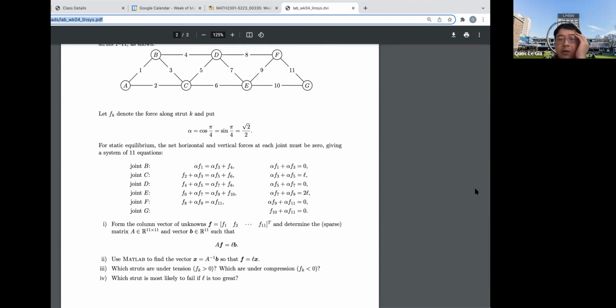Because many people ask me, we studied this, but for what purpose? This question gives you a sense of purpose of what you are doing. Now go back to MATLAB.